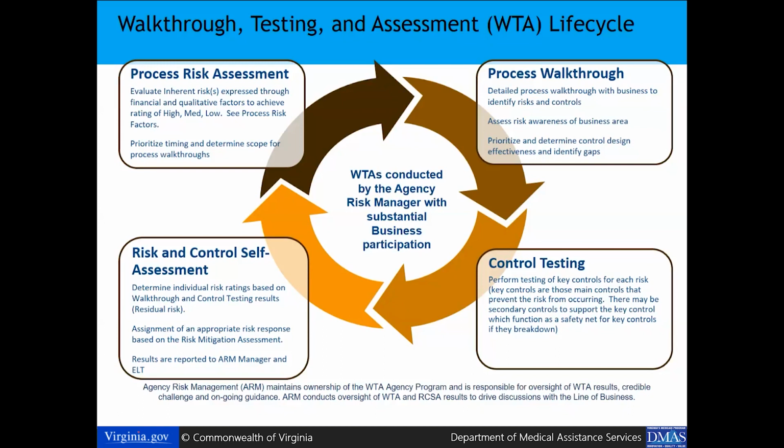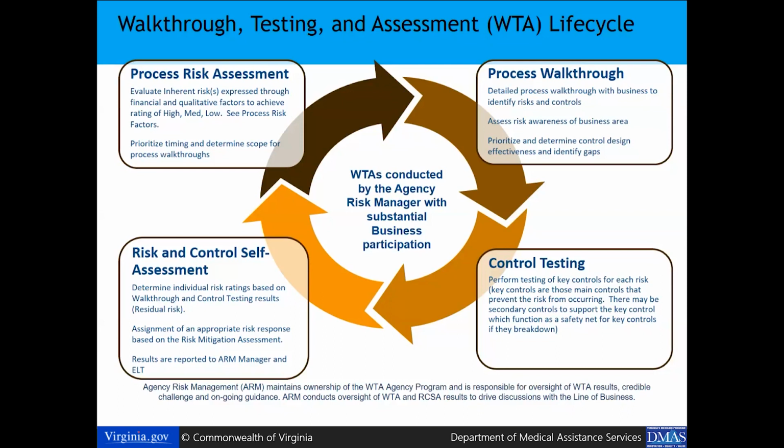We'll be evaluating the risks and controls that have been identified through the process walkthrough, and evaluating that control design and risk assessment. We'll then be performing some control testing of those controls that have been identified, and again, based on whether they're annual, quarterly, monthly, or daily, selecting a sample and doing a review or reperformance of those controls.